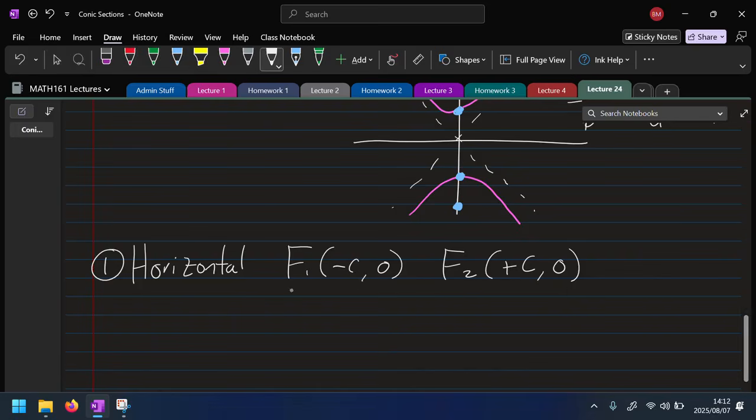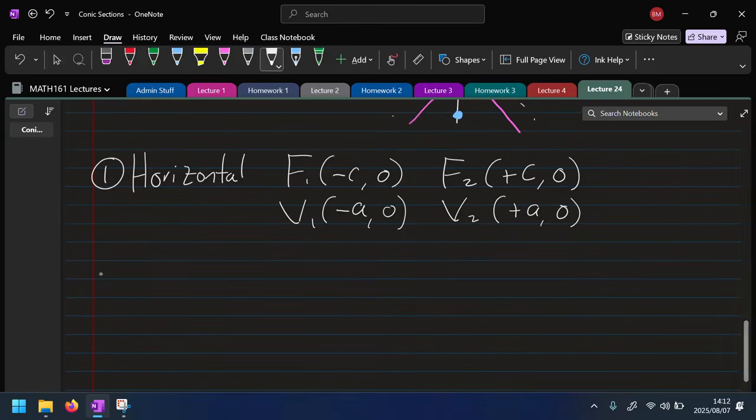Very similar thing for the vertices. So v1 for the left, that will be (minus a, 0). Right, because a goes with the x, so (minus a, 0). And then the one on the right, that will be (plus a, 0). Okay, again, the y value is 0, because this is the horizontal hyperbola.